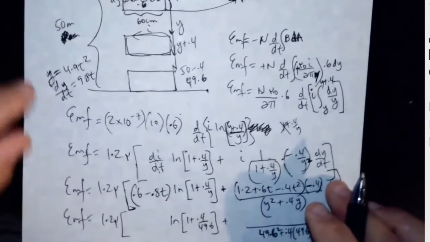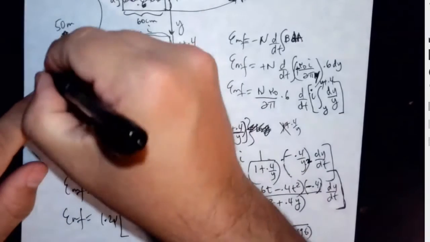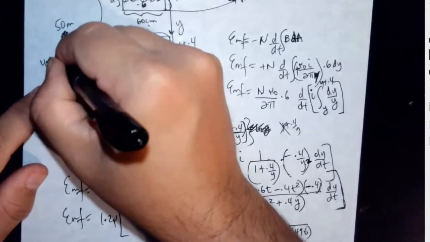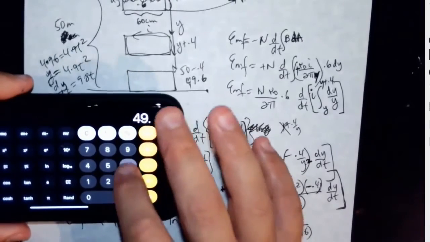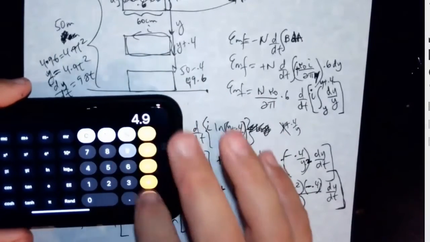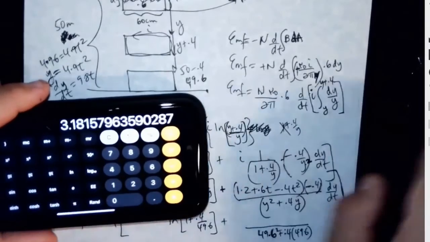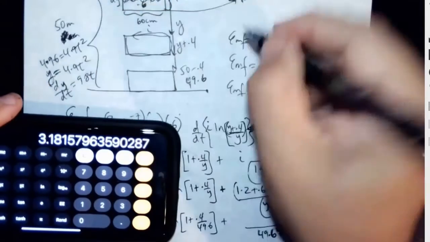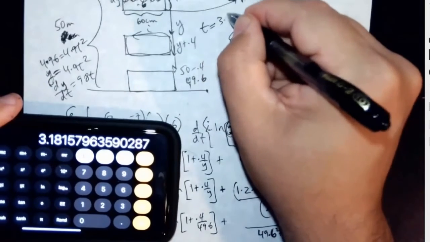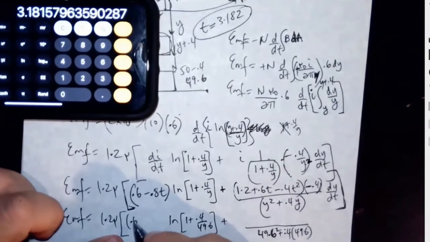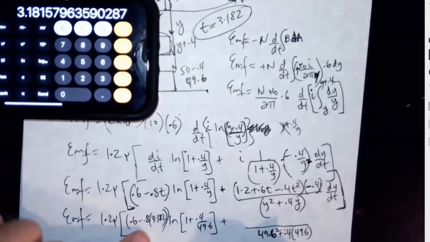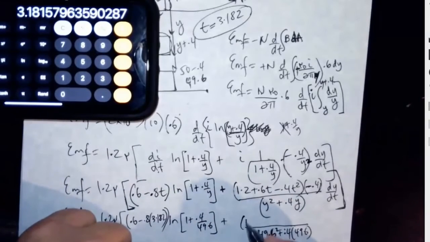You could put here y is 49.6, 4.9t squared, so t is the square root of 49.6 divided by 4.9. T is 3.182. So put that in everywhere you see a t.